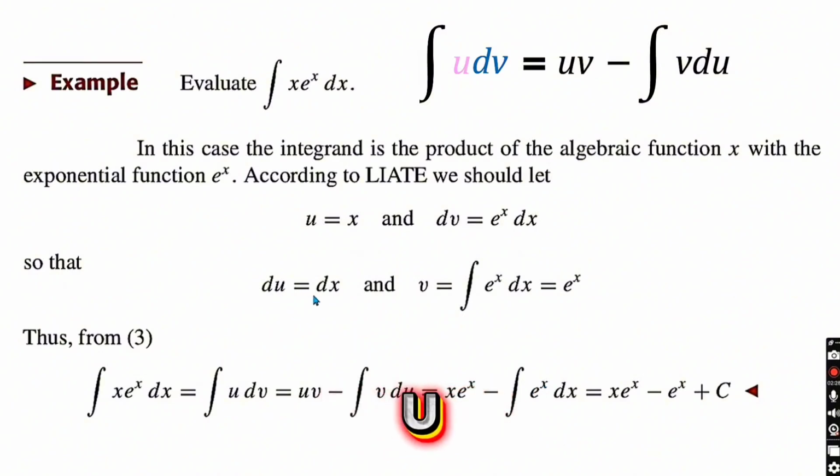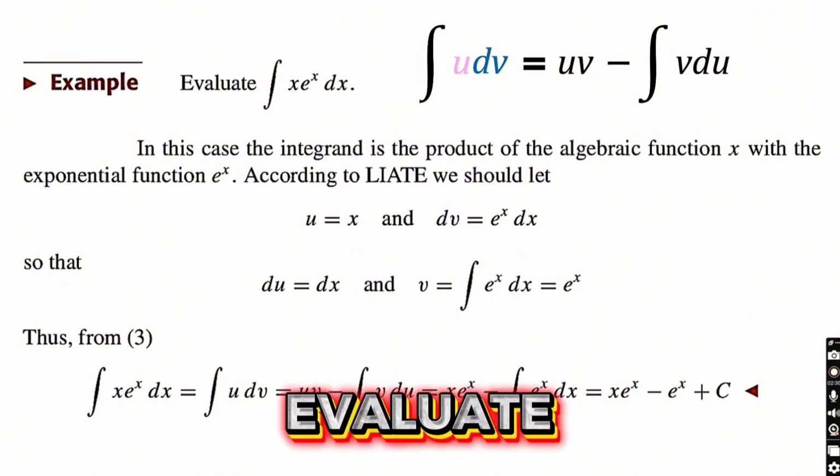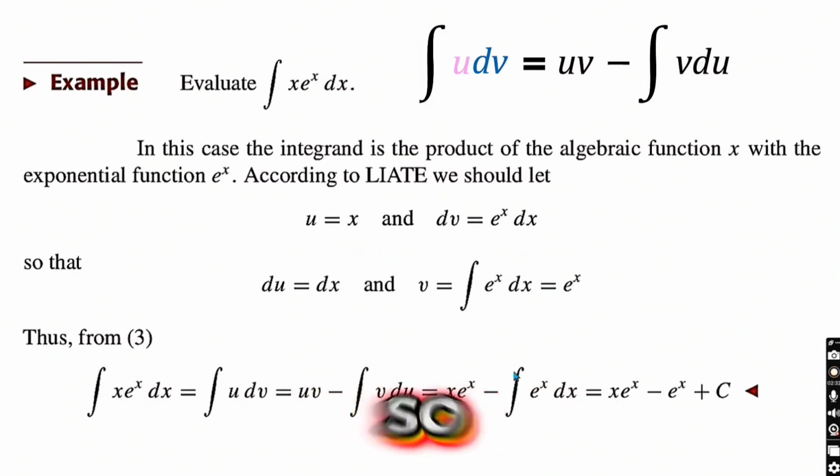And what is du? It is the same as dx. And evaluate, copy. So it happens that these are the same. So that is equal to, if we evaluate this one, the antiderivative of e raised to the power of x is the same as e raised to the power of x. And do not forget the plus c. Got it?